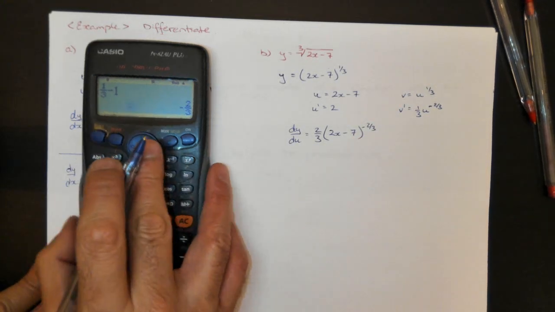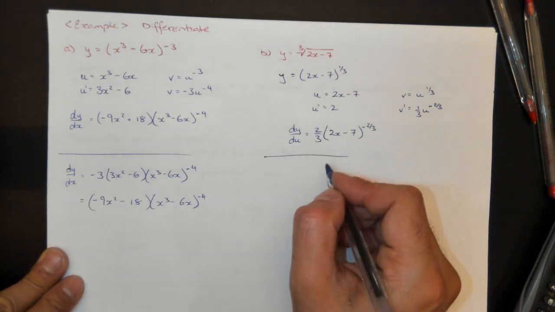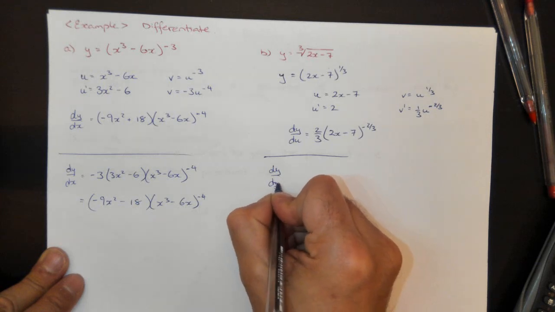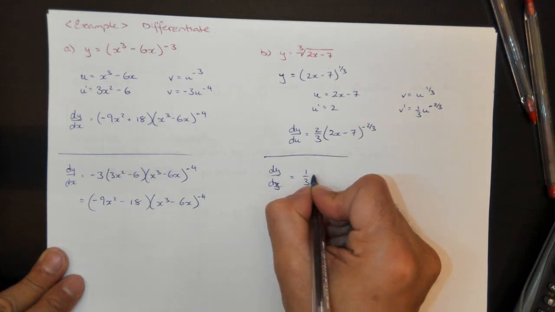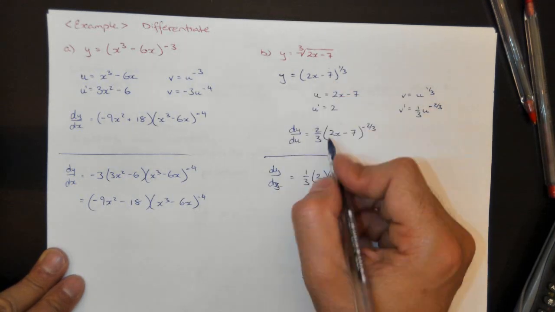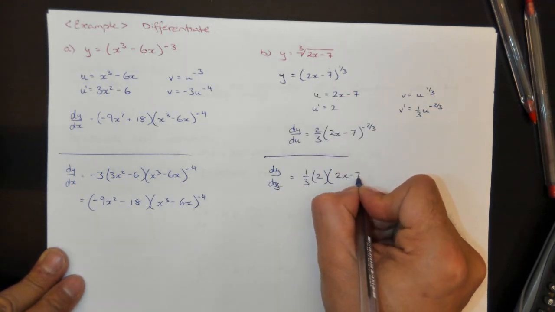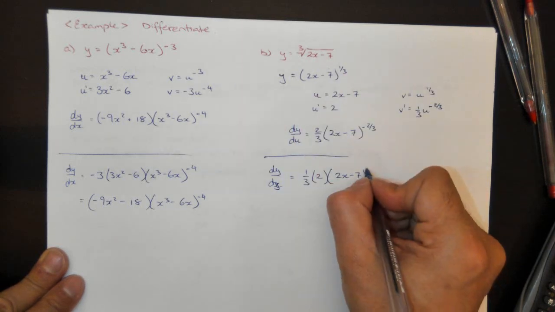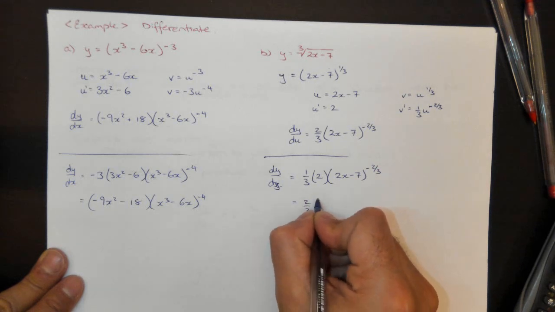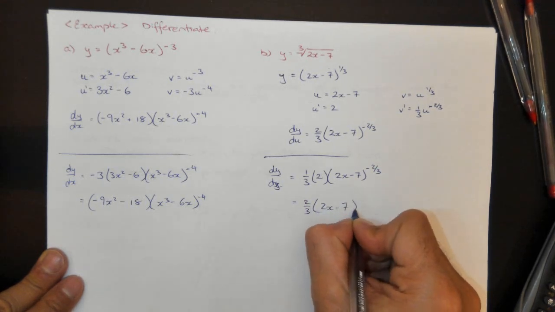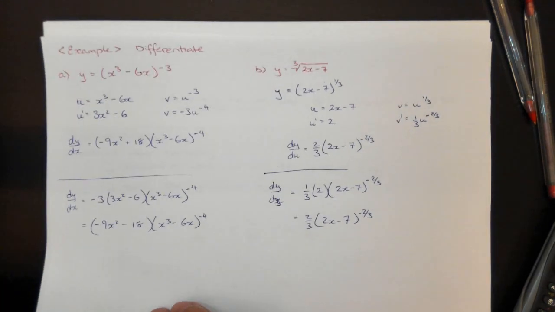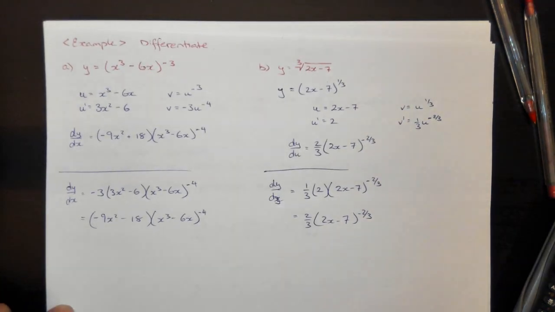Alright, we can leave it like that. Alternatively, we can bring the power down, multiply by the derivative, keep the stuff inside and then reduce the power, which gives us the same solution. Okay, and you can decide which format you would like to use. Okay, thank you.